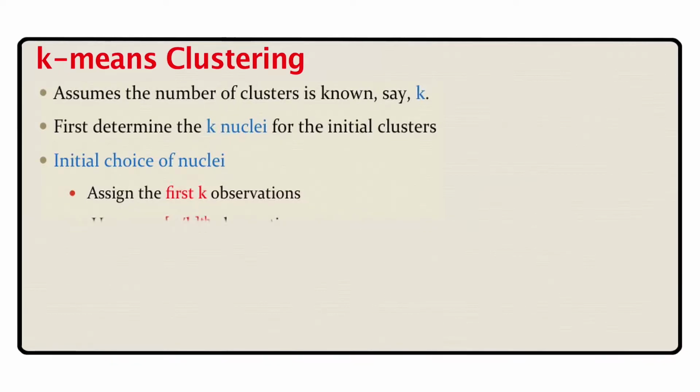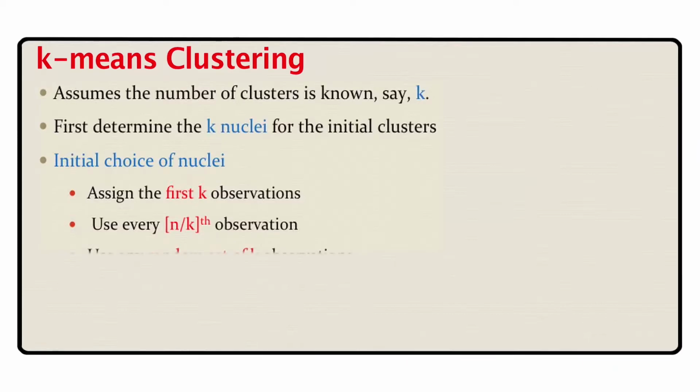To form the initial clusters, we can choose the first k of these observations as the cluster nuclei, or we may take every n by kth observation as a cluster nuclei. In this way we would get k different nuclei for the k clusters.